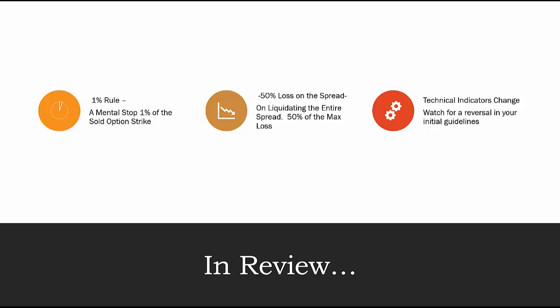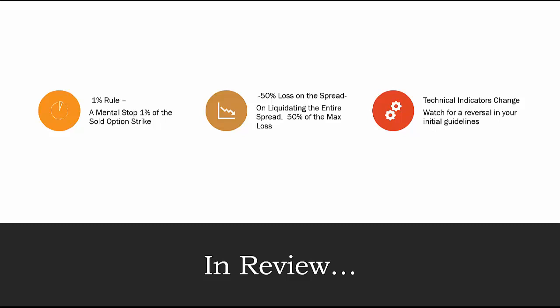That is more of a hard stop rule for our approach to credit spreads. It doesn't have to be your approach. You may have other stops that you use, common things that are also used, or if the liquidation cost is 2 or 3 times the initial net credit received. Our approach that we use for the bull put weekly spreads and for other spread positions is the 1% rule, the 50% loss on the spread, and if the technical indicators change.